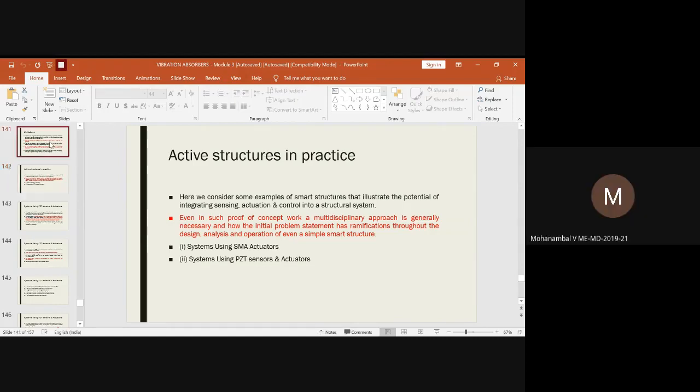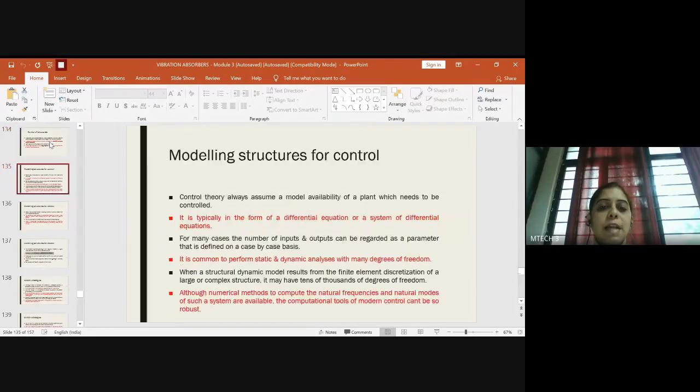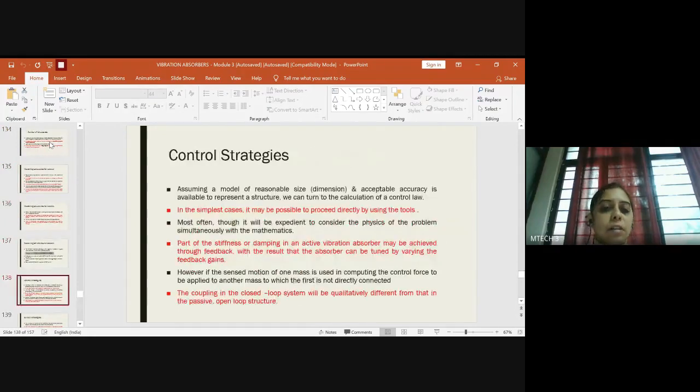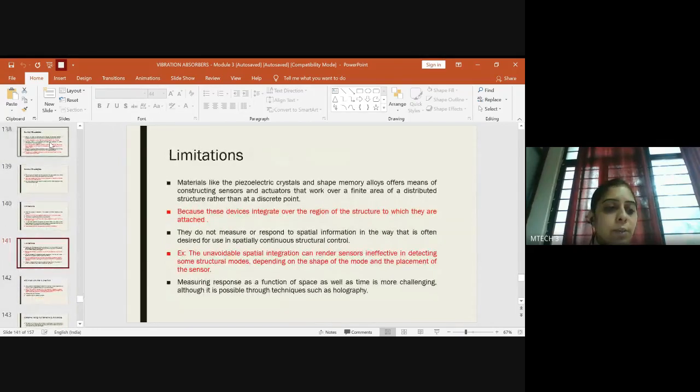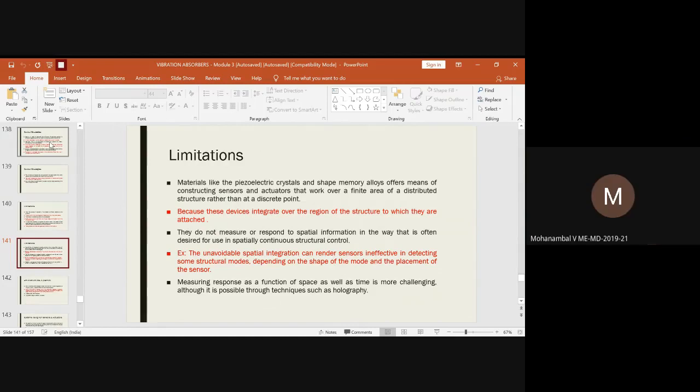After the modeling, we dealt about the control strategies. So then we went on to the limitations associated with our smart structures. Right? Yes, ma'am.